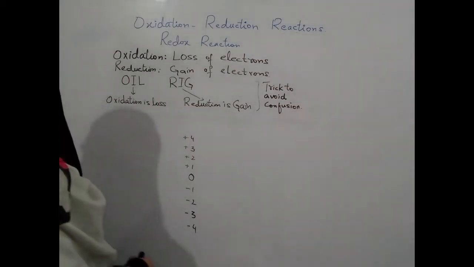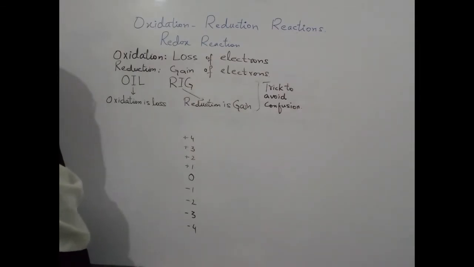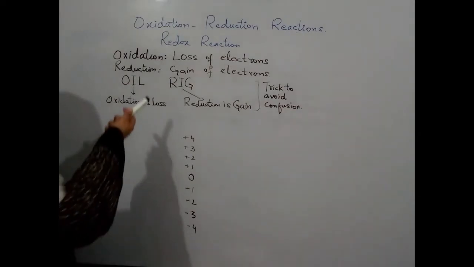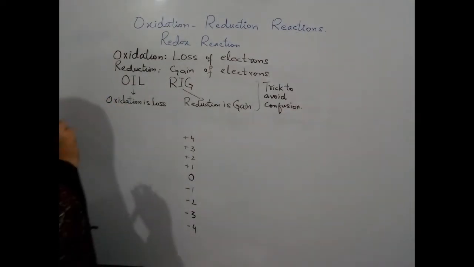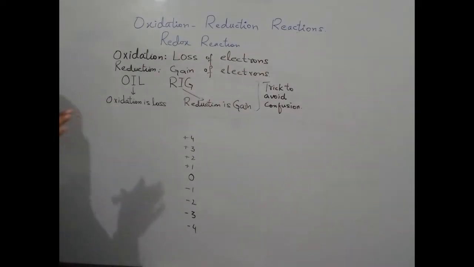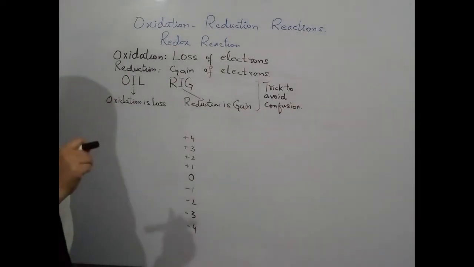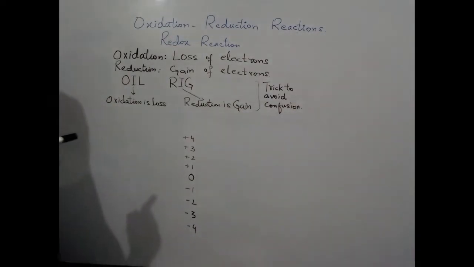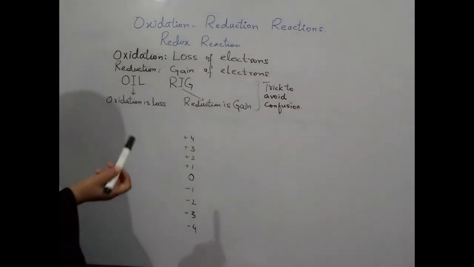So the big picture of oxidation reduction is oxidation is the loss of electrons and reduction is the gain of electrons. Reduction is gain of electron, but the meaning of reduction is there is something to reduce. So the term reduction becomes confusing for some people.